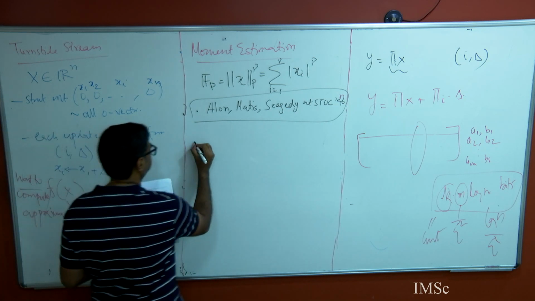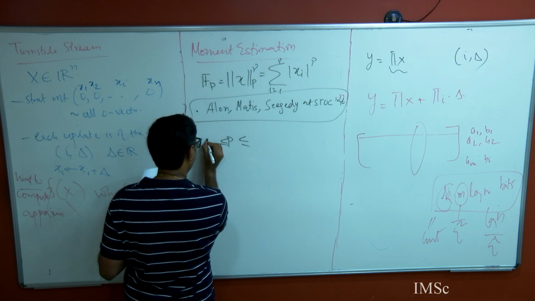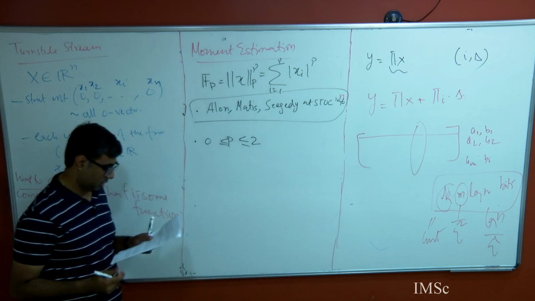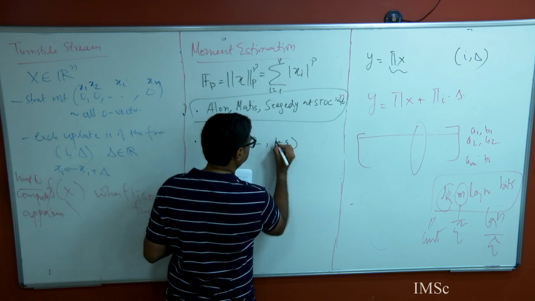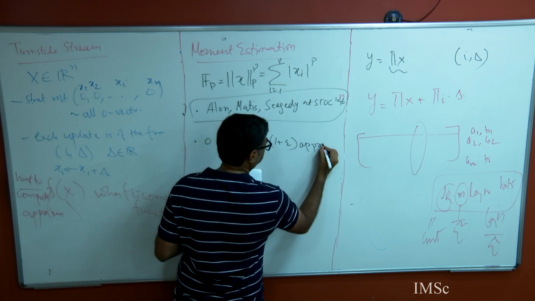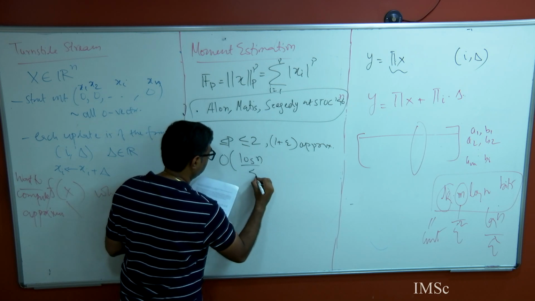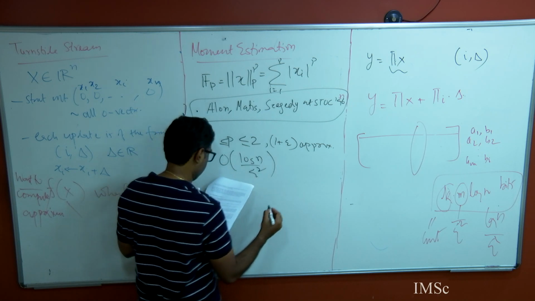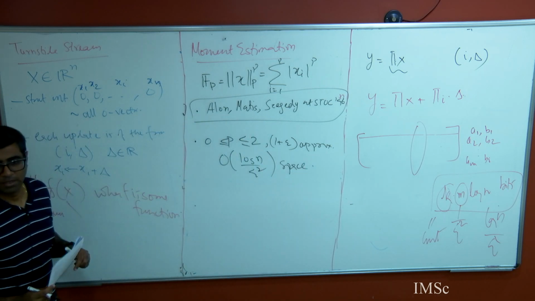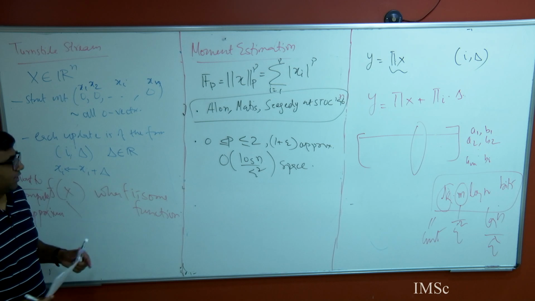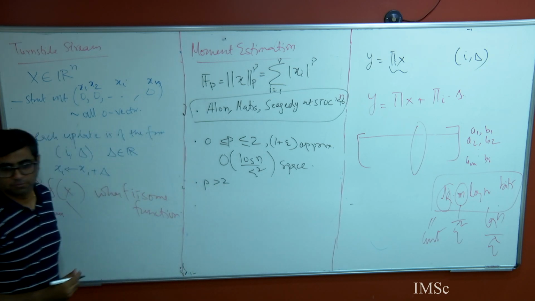What is known, and we will see both, is that for p between 0 and 2, if you are looking for a 1 plus epsilon approximation, it is going to take you order log n over epsilon square space, and this is tight. But the situation changes drastically for p strictly greater than 2.